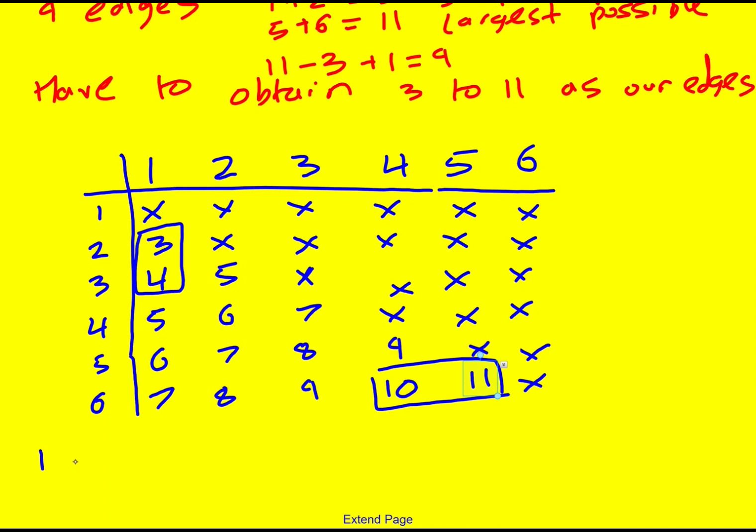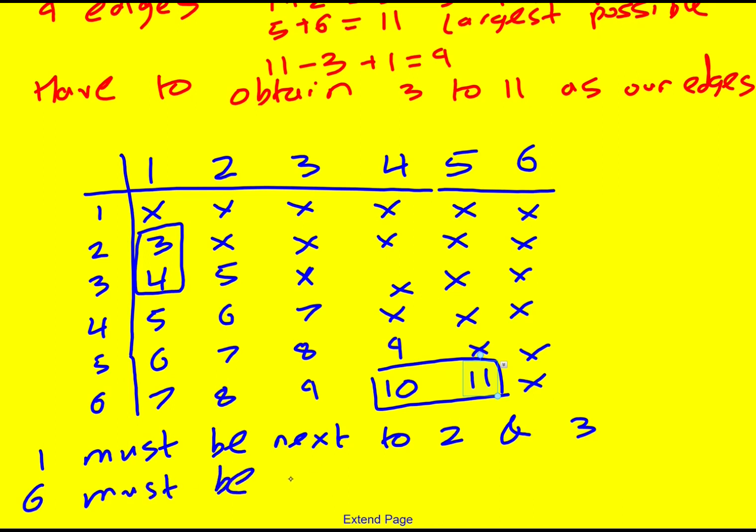So 1 must be next to 2. And 3 to get us the 3 and the 4. 6 must be next to 5 and 4.